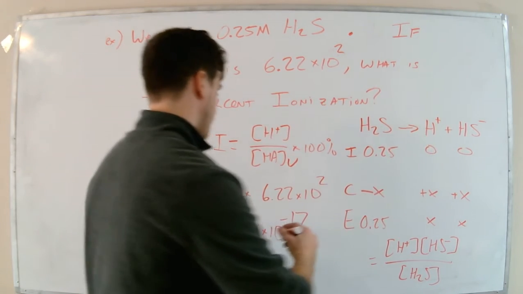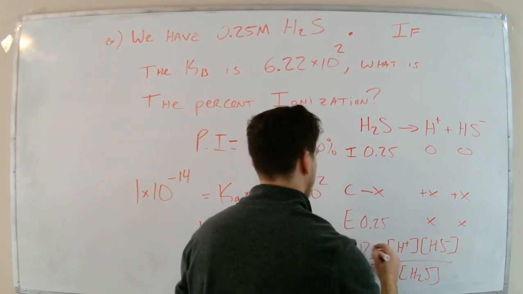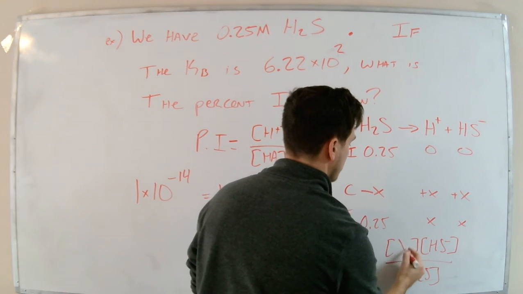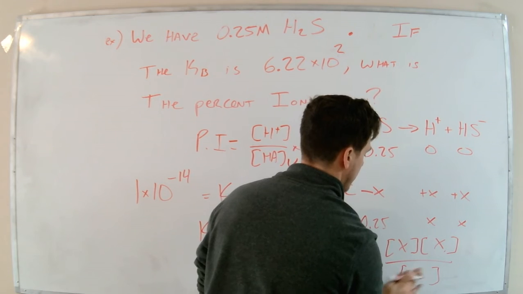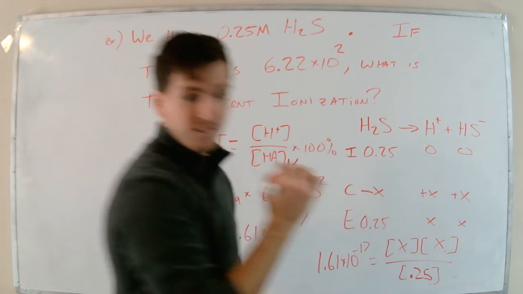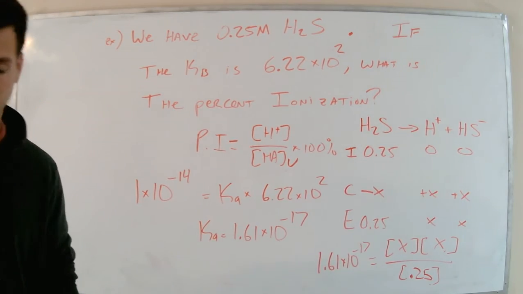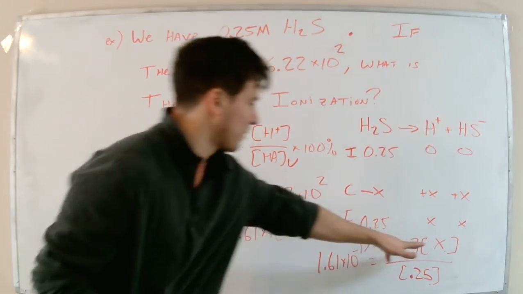The Ka was 1.61 times 10 to the negative 17th. H plus was x. HS minus was x. And hydrosulfuric acid was 0.25. Do a little algebra here to solve for x. You know these are going to become x squared.